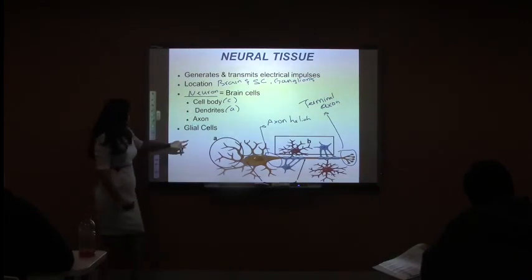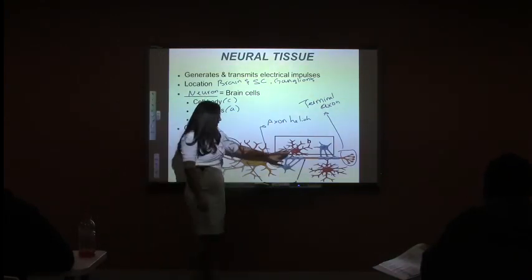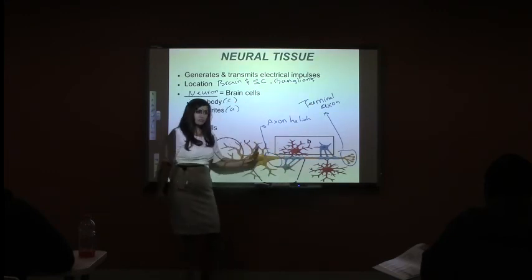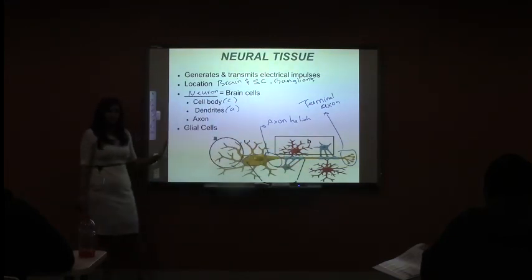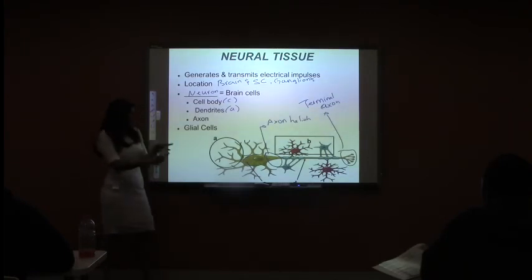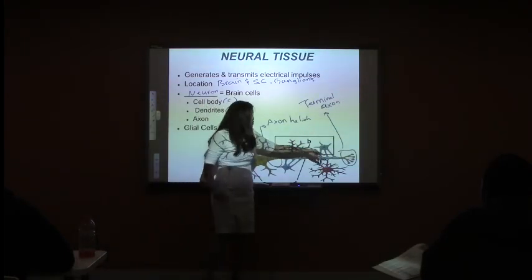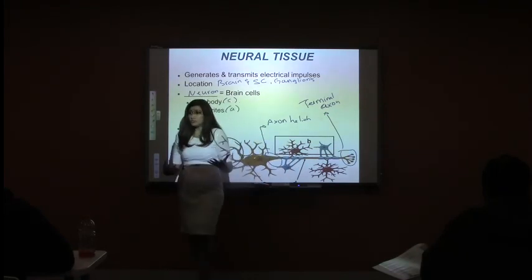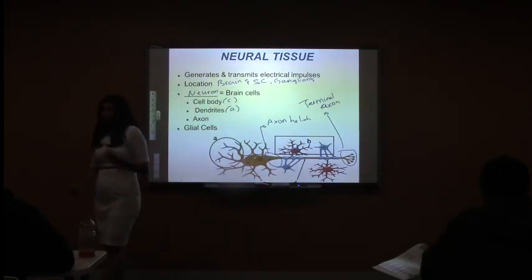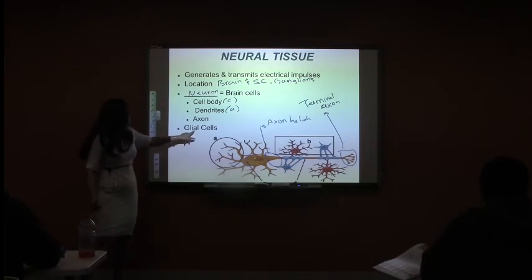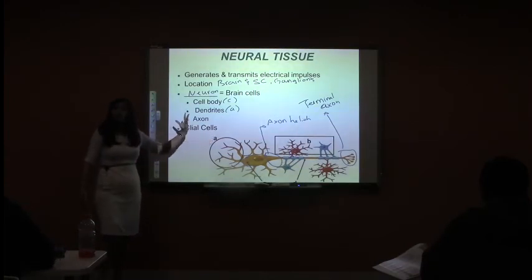Now, you have glial cells. Did I say that B was part of the neuron itself? No. A neuron is made of axon, cell body, and dendrite. But you have these other cells which are attached to the neuron. They're not a part of the neuron. They're actually cells called glial cells, neuroglial cells or glial cells. Okay?